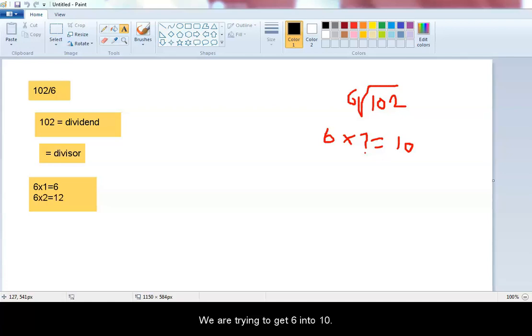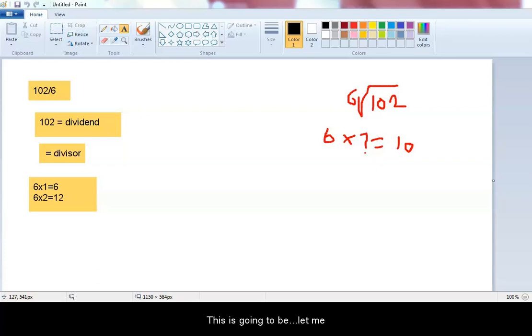So we are trying to get 6 into 10, but the value is not here. That means the value has to be between 1 and 2. We cannot say 2 because 12 is bigger than 10. So we are going to pick 1. 6 goes into 10 one time. There is a remainder of 4 here. So we'll put 1 here.